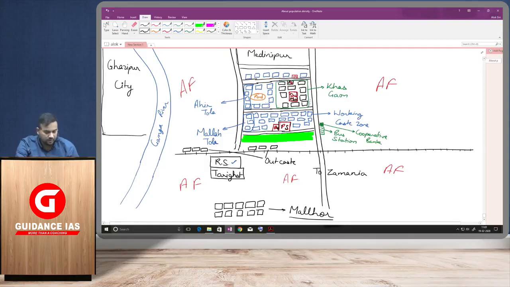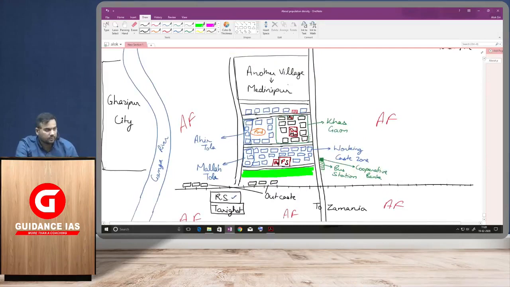What has happened? People from here have migrated here and formed this village. In fact, Medinipur was also formed in the same manner, and it is made up of the Yadav Ahir community.